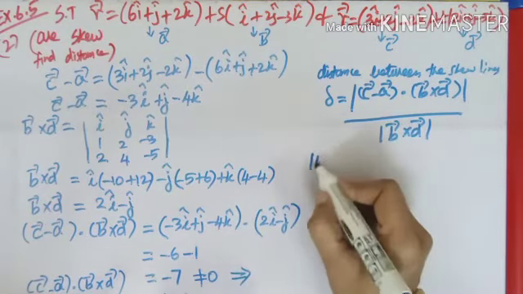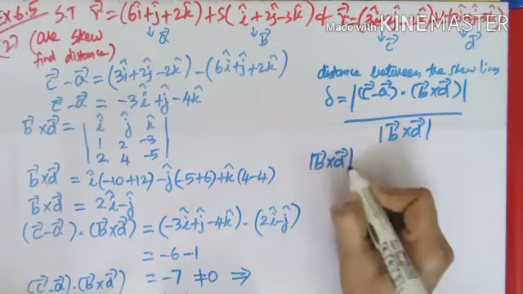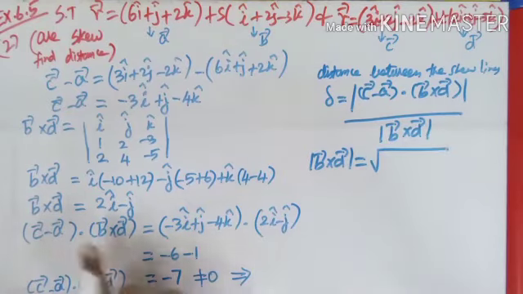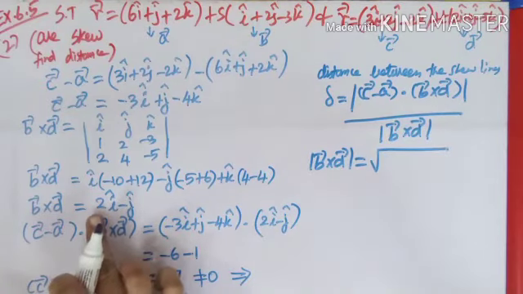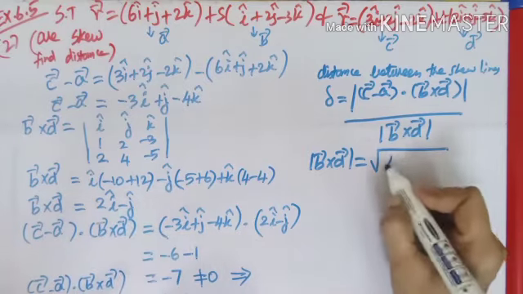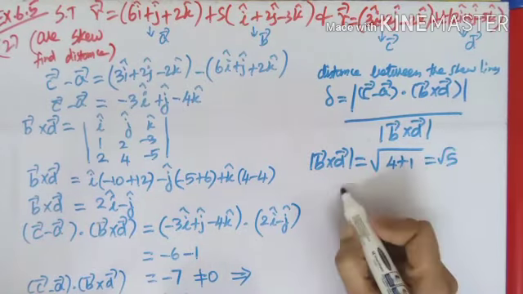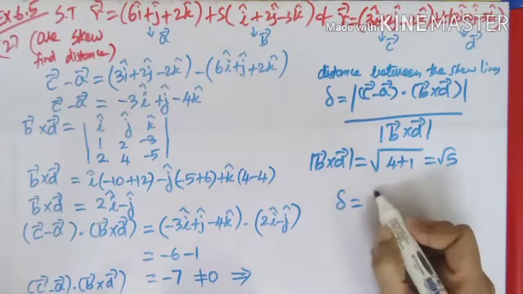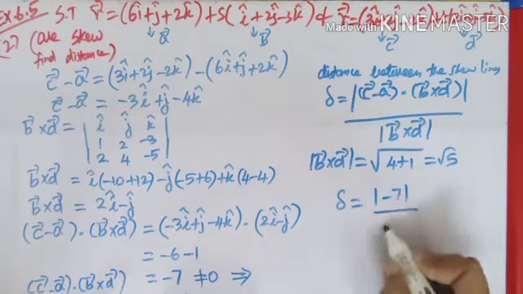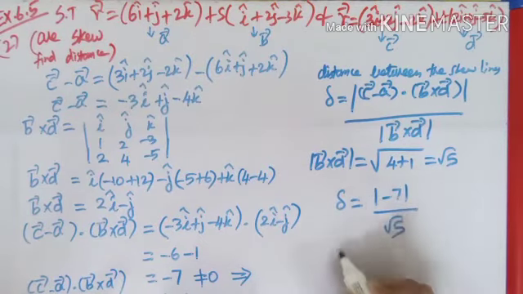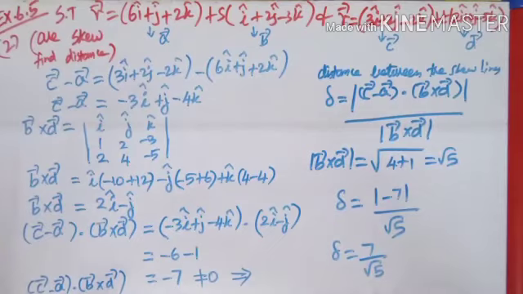What is modulus of B cross D? Modulus of B cross D is root of 4 plus 1, which is nothing but root 5. So the distance del is equal to modulus of minus 7 by root 5, or I can say 7 by root 5, which is the answer.